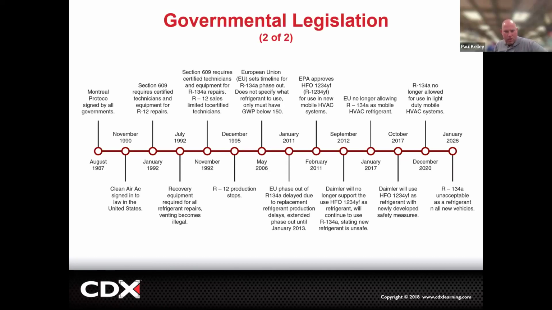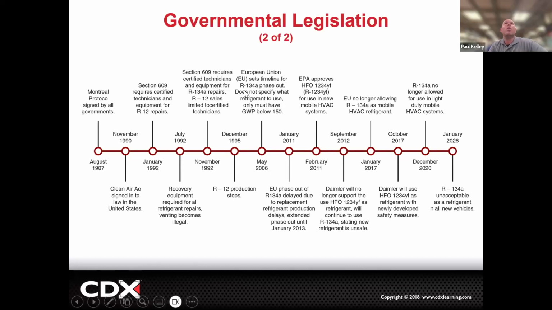They have to come with R1234yf. Cool. And then in 2026, it's totally no more new cars. I think they actually already phased it in anyway. I don't see any new cars coming with R134A. Cool, so that's the timeline.